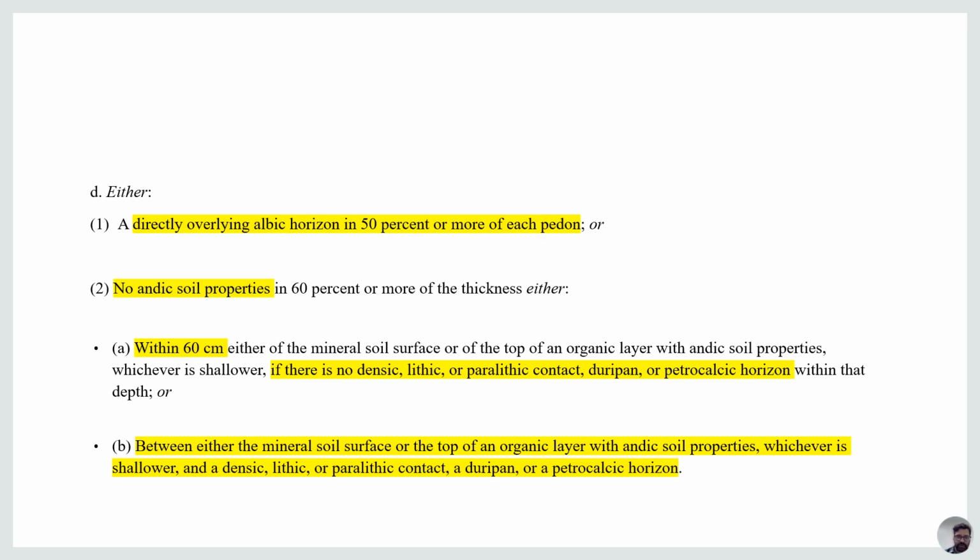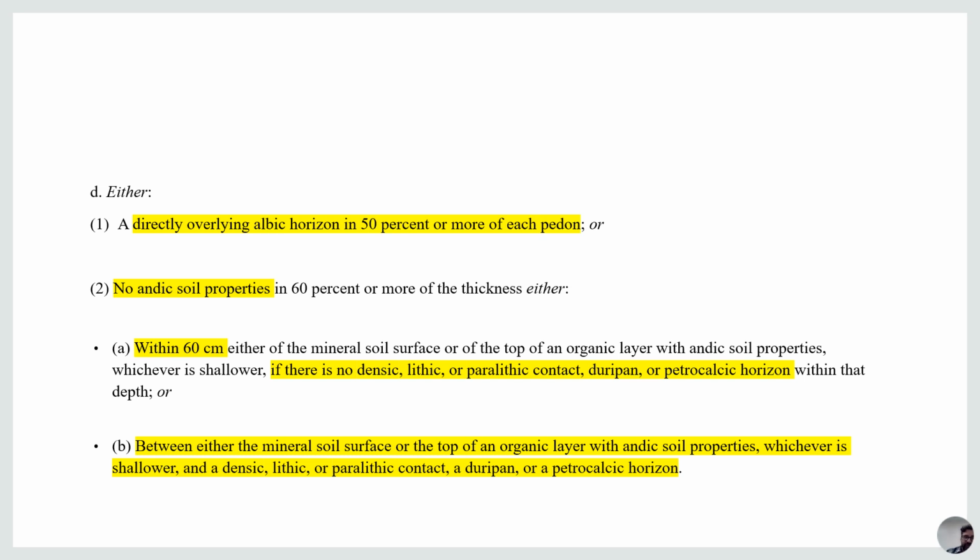Okay, if we don't have any densic, lithic, or paralithic contact, duripan or petrocalcic horizon, any layer or horizon that expresses low weathering or cementation, in these cases we need to find that in the first 6 centimeters from the mineral soil surface or the top of the organic layer with andic soil properties, we cannot find a huge amount of andic soil properties, or they express just a little quantity of the soil.